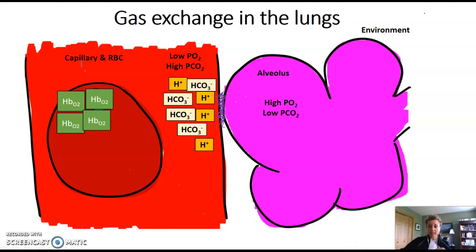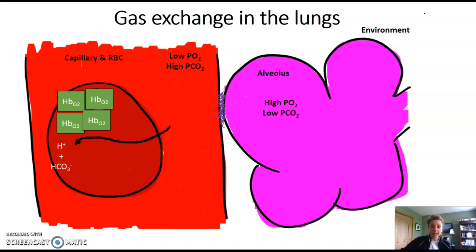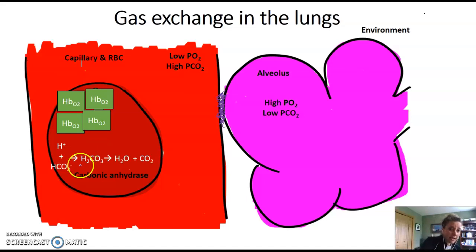And so now my oxygen has, well, I guess we've got half an exchange there, right? Because the other half has to happen now too. We need to get the carbon dioxide out of the blood and into the alveolus. And like I said, it's just kind of like retracing your steps from what we saw in the tissues. So what happens next is that my hydrogen ions and my bicarbonate ions are going to diffuse into the cell, and they are going to recombine with the help of carbonic anhydrase to form carbonic acid, which is what I have here.